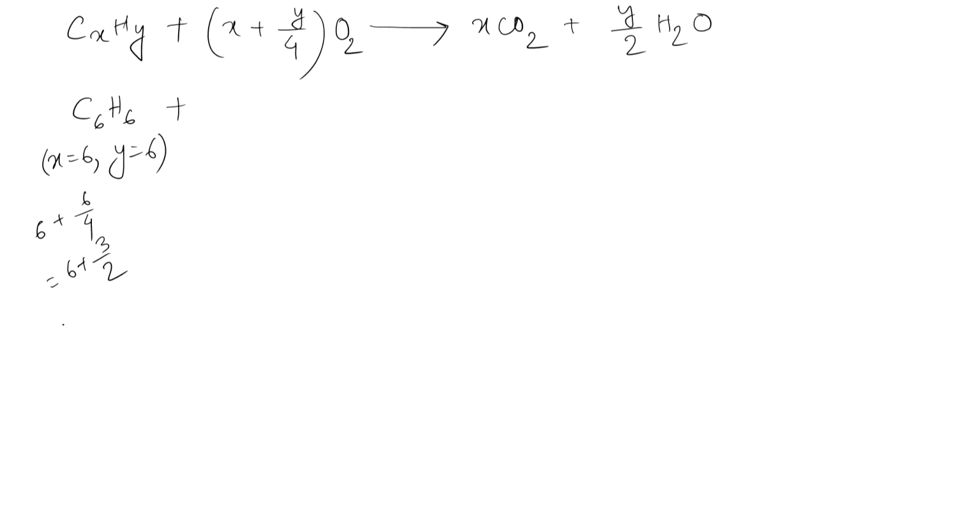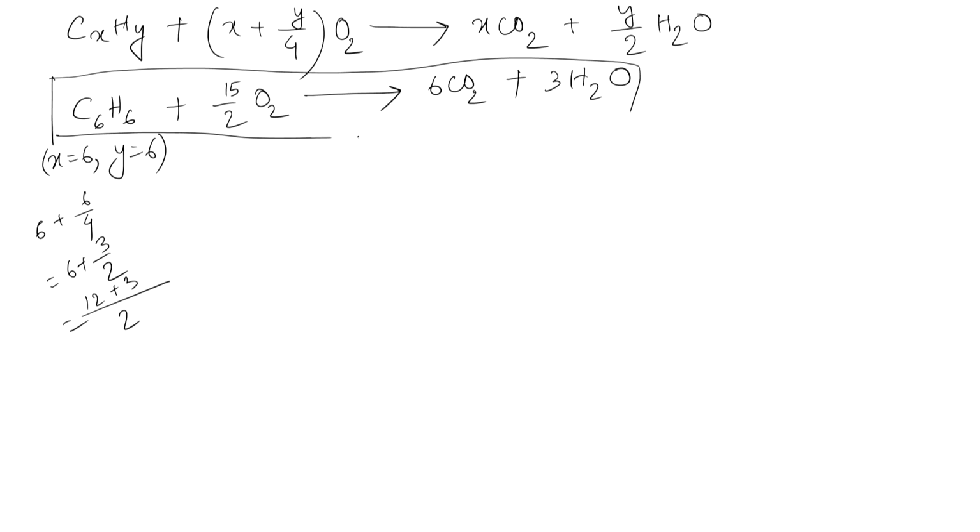So, we have 15 by 2 oxygen, and we have xCO2, that is 6 CO2 plus we will get y by 2 water. y was 6. So, 6 by 2 means 3 water.